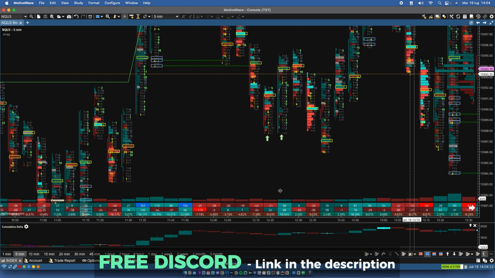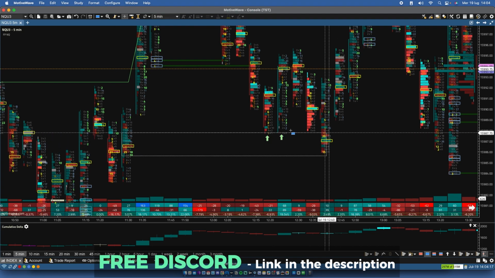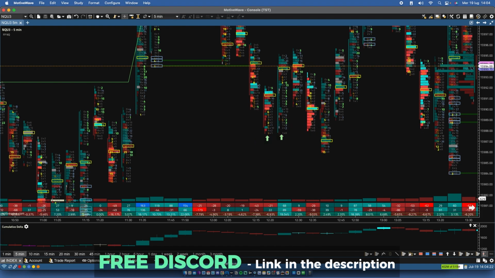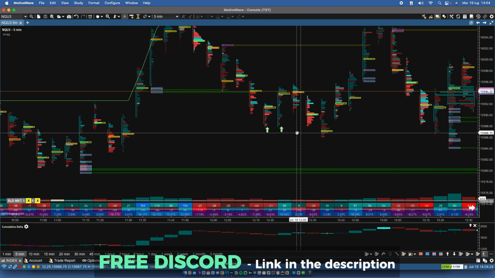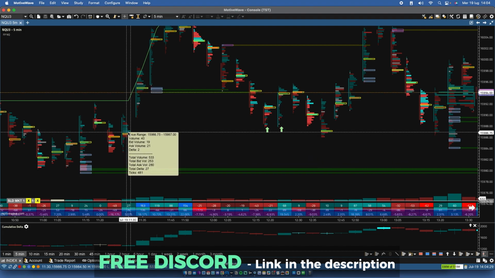The first thing that the footprint chart tells you is this one. Here we have a huge cluster, okay, pretty much visible with delta charts, okay, with an untested point of control.